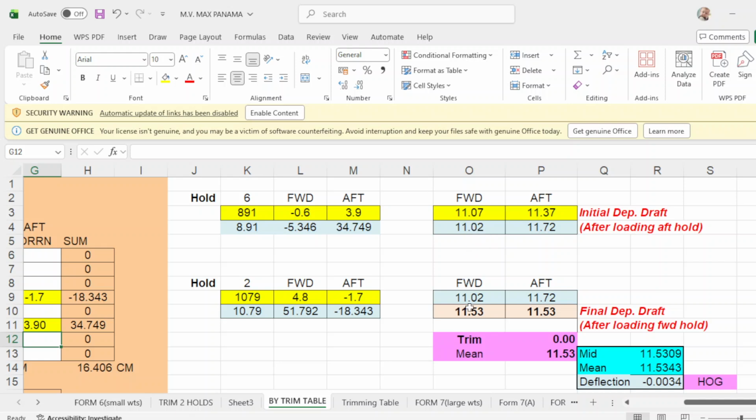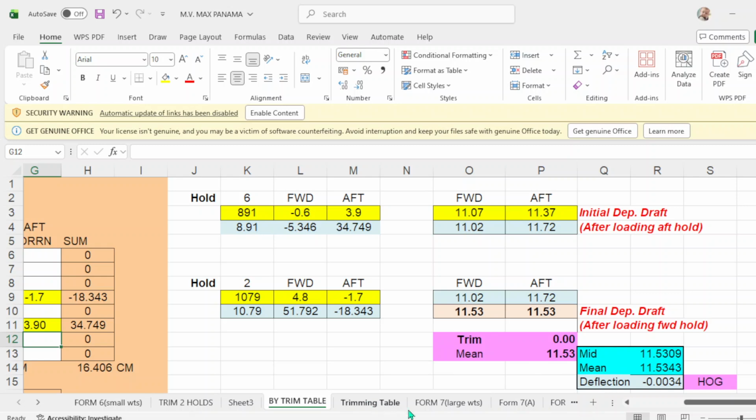You bring this down, carry down, then you have here 11.02 and 11.72. Now you're going to load in hold number 2, 1079. After completion of this figure, your final drop at departure will be forward 11.53 and aft 11.53, and your main is 11.53, so there's no trim and no list.